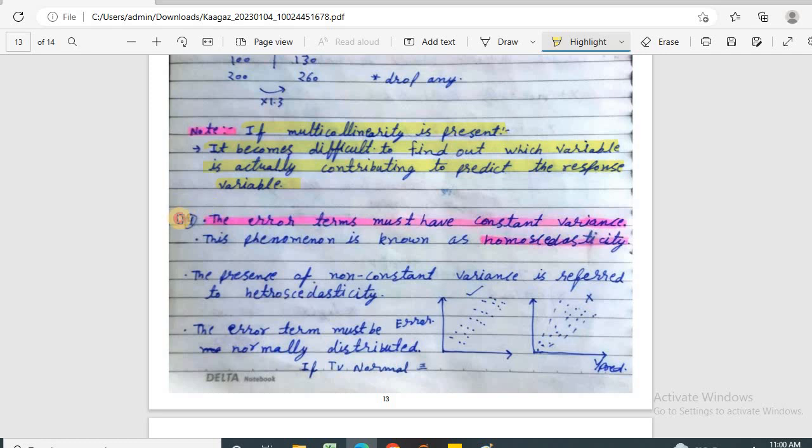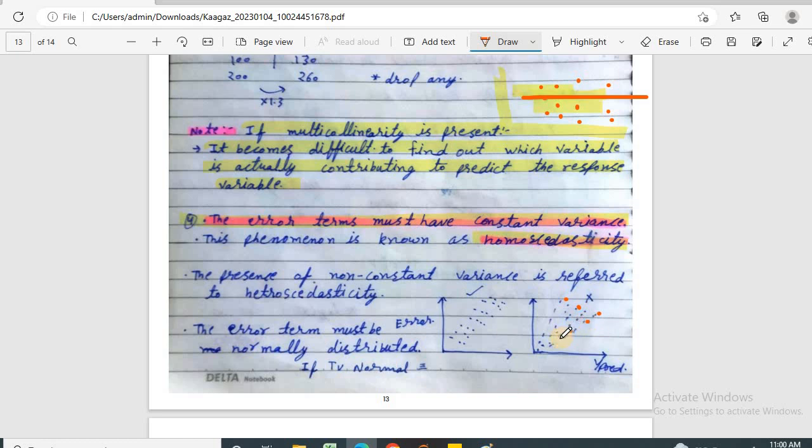Now our fourth assumption: the error terms must have constant variance. This phenomenon is known as homoscedasticity. The error term should have constant variance, meaning no variance is remaining, and it should not be like this.